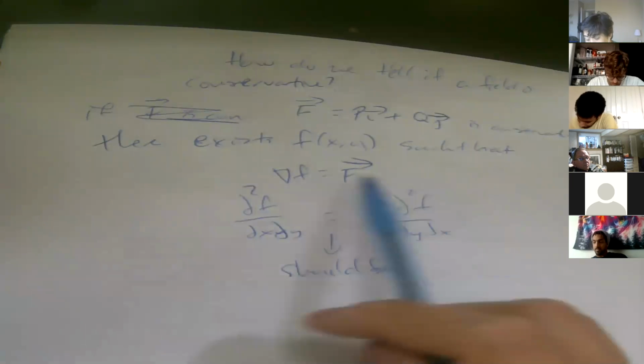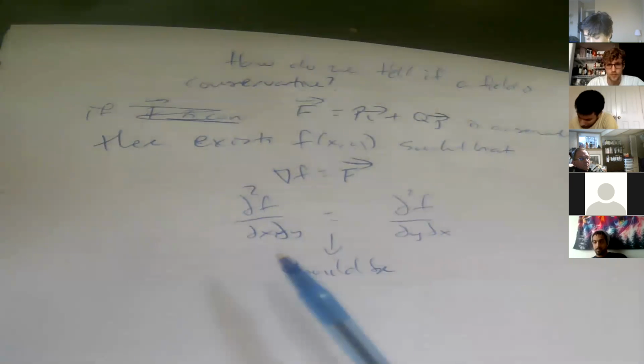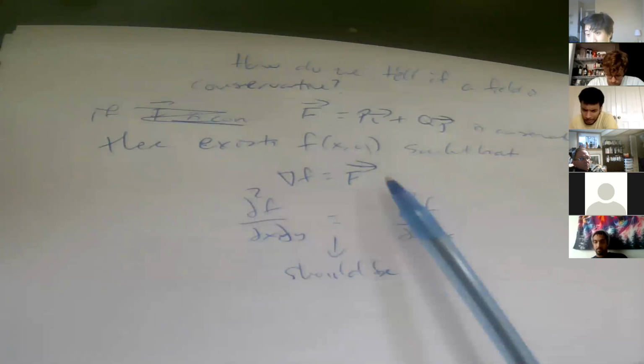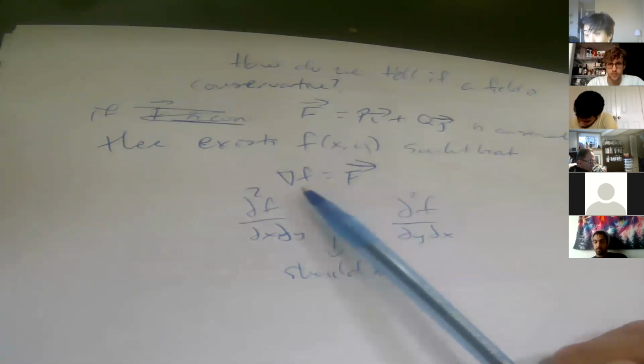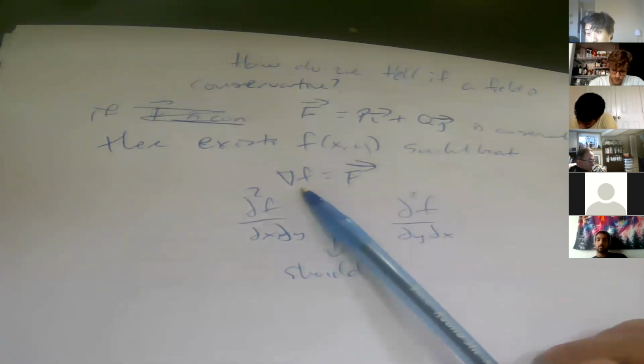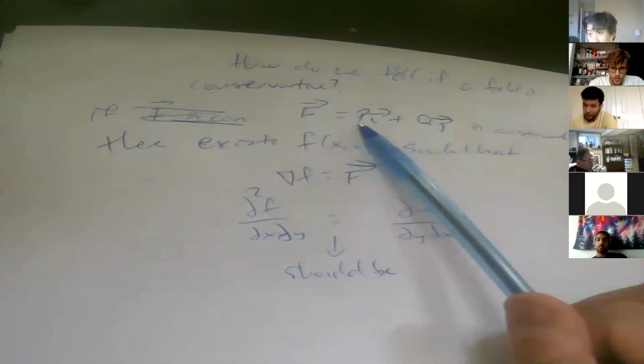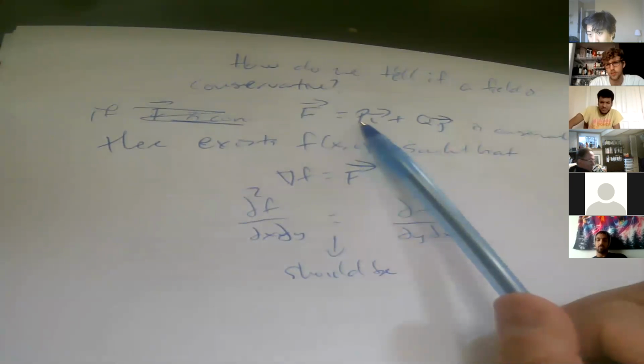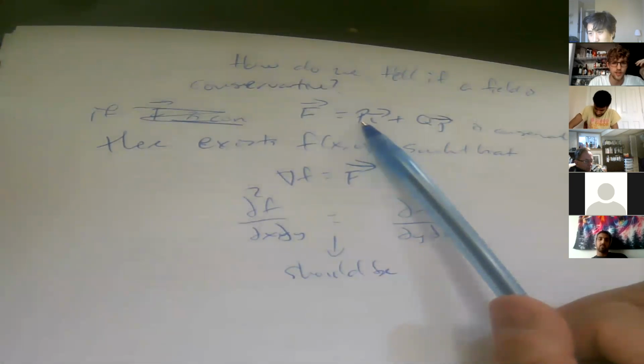And so what does this mean here, though? If F is the gradient of lowercase f, what is P here? That's df/dx.